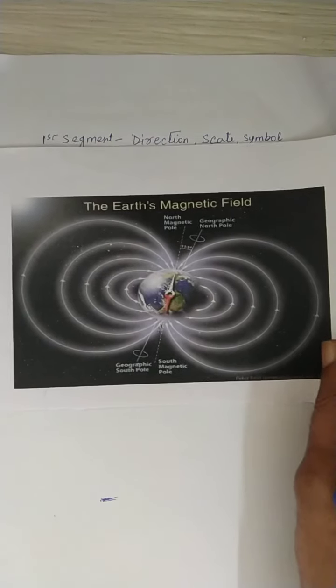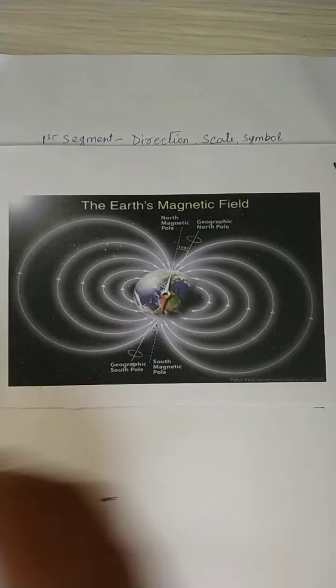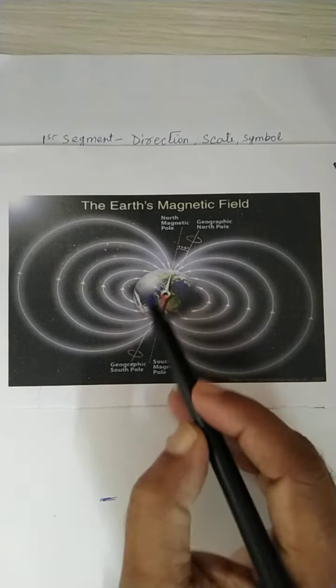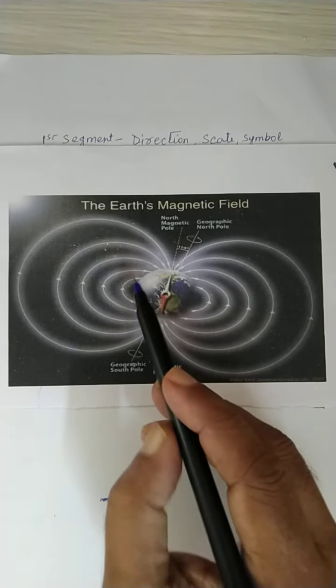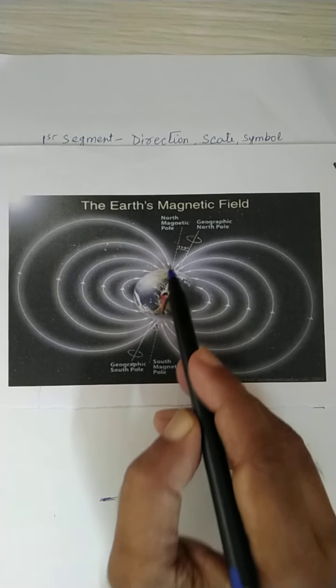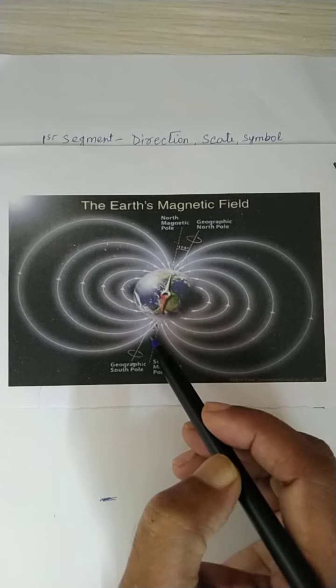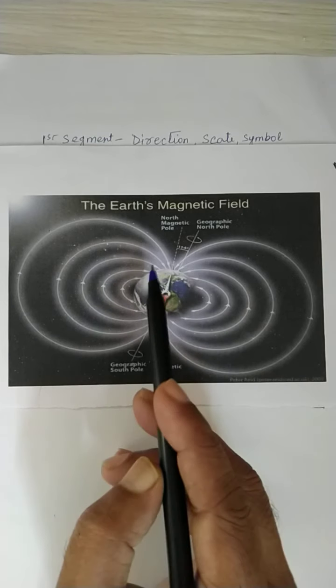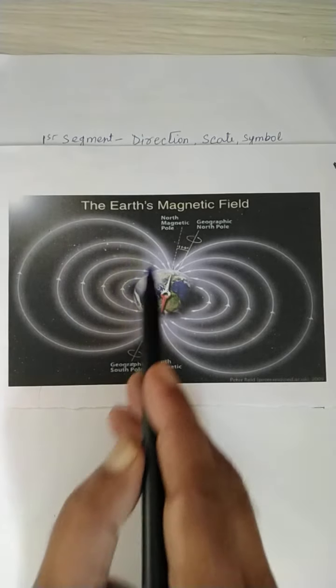Now a magnetic field is a huge region that extends outward from the Earth several thousand kilometers, but is strongest at the poles. You can see the extent of the magnetic field, which is also called the magnetosphere.